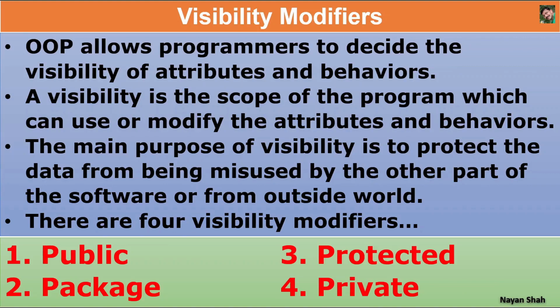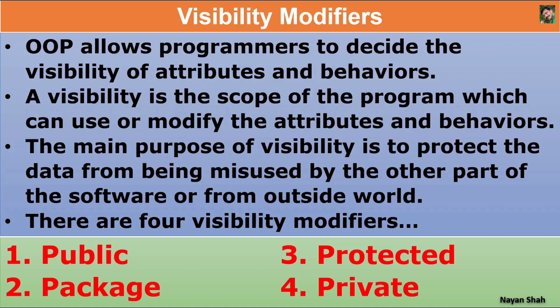Now let us discuss visibility modifiers. Object-oriented programming allows programmers to decide the visibility of attributes and behaviors. A visibility is the scope of the program which can use or modify the attributes and behavior.